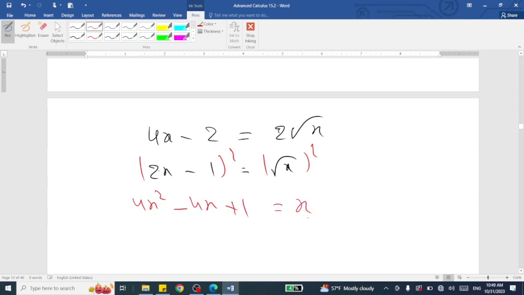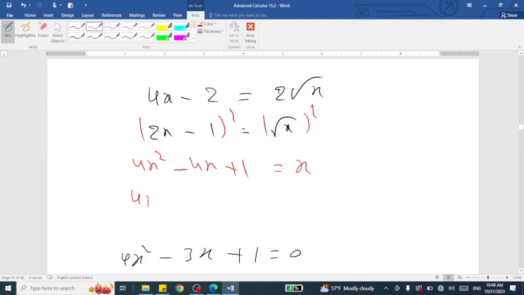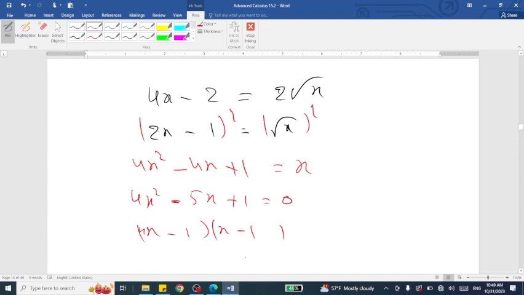Equal to x. And now we solve, minus, so I'll get what? x will be with a minus 1, minus 1, minus 4, minus 5, so x is 4, minus 1, minus 1.